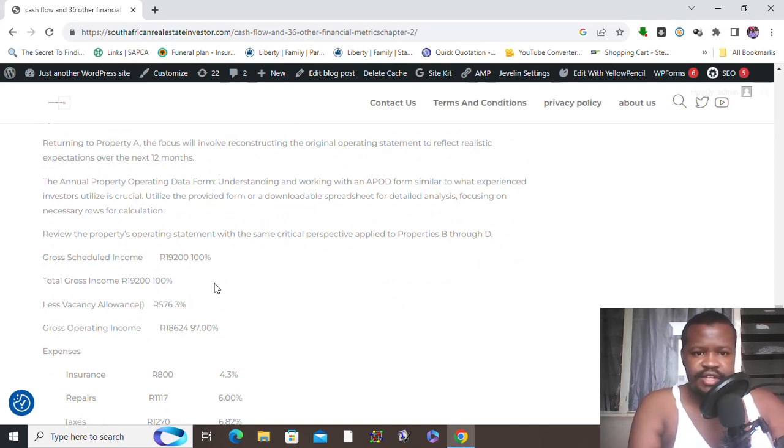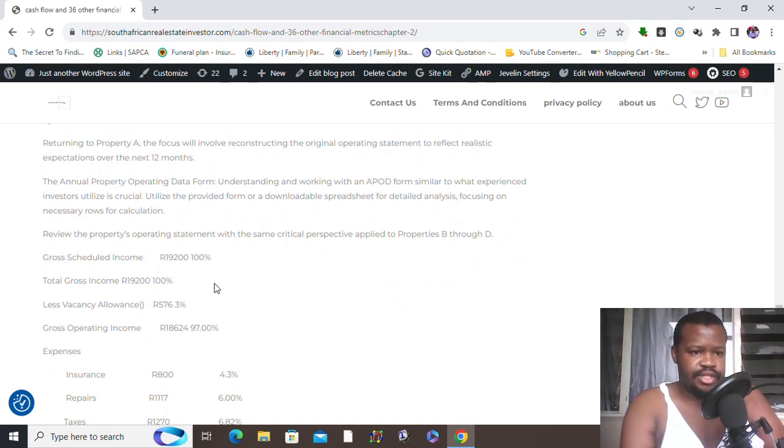Utilize the provided form or a downloadable spreadsheet for detailed analysis, focusing on necessary rows for calculation. Review the property's operating statement with the same critical perspective applied to properties B through D.